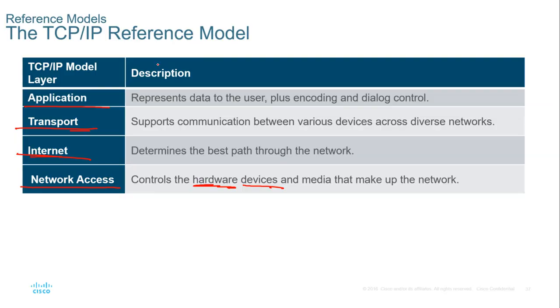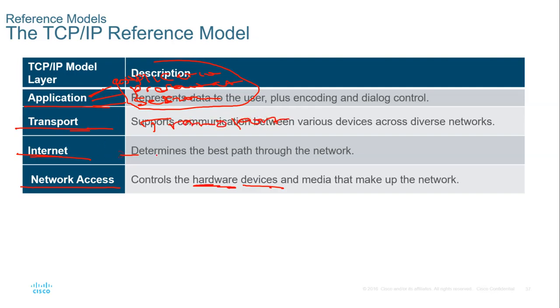So they're the same, because under this one, we have application, then we have presentation, then we have session. So these are 3 here. Then we have transport, it remains the same.